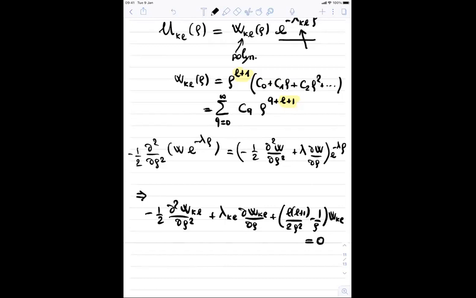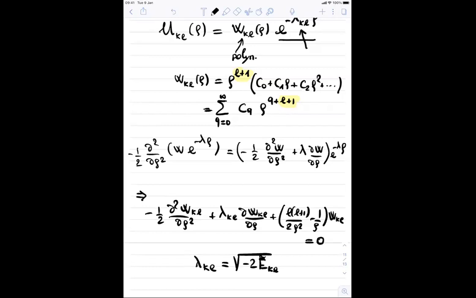Nicely enough, there is a cancellation if you assume that lambda KL is equal to the square root of minus twice E tilde KL. So if you take the lambda to have this form, you will see that the term with A comes essentially at the expense of a lambda square.